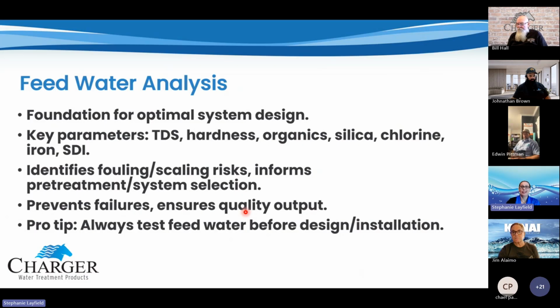Any organics, silica, which is like powdered glass, chlorine, iron, and then sediment. This will help you identify what potential issues we could have in the system, such as scale buildup or colloidals. That'll affect how we design our pre-treatment and sometimes even the post-treatment. It'll help us not get into a tight spot.